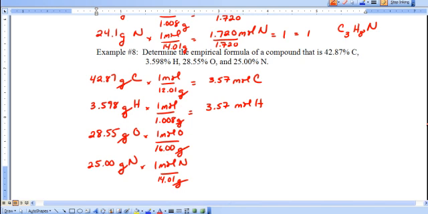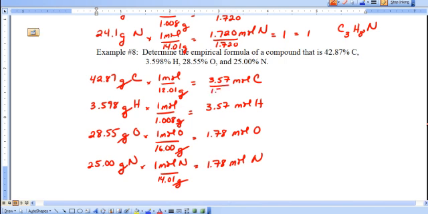The 28.55 divided by 16 is giving me 1.78 moles of oxygen, and the 25 divided by 14.01 is giving me 1.78 moles of nitrogen. So now simply divide through by the lowest term, which is going to be the 1.78.